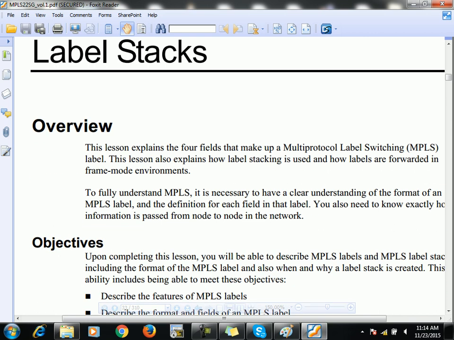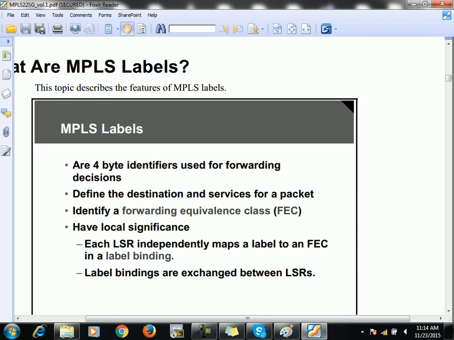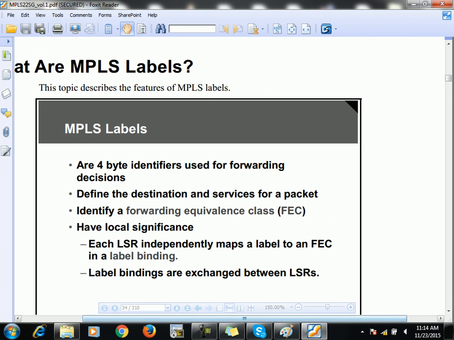MPLS labels are 4 byte long identifiers used for forwarding decisions. Previously, we were using the 20 byte long IP header for forwarding decisions, but in MPLS we will be using a 4 byte long identifier, or 4 bytes of extra information, for forwarding decisions.